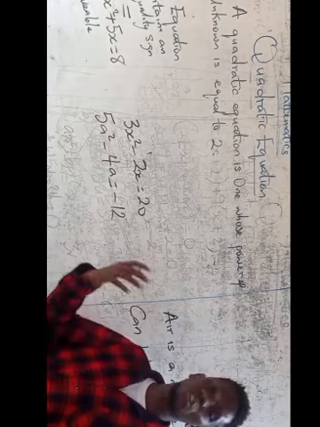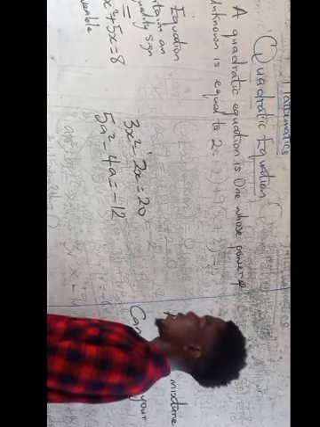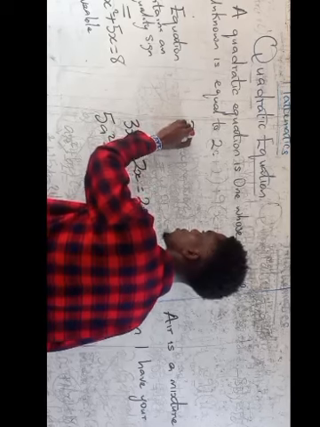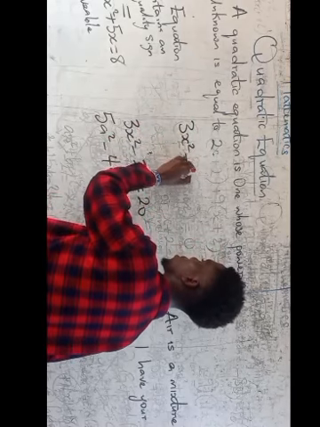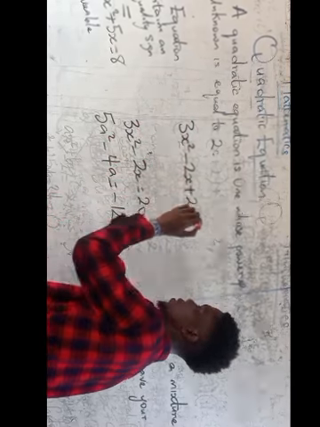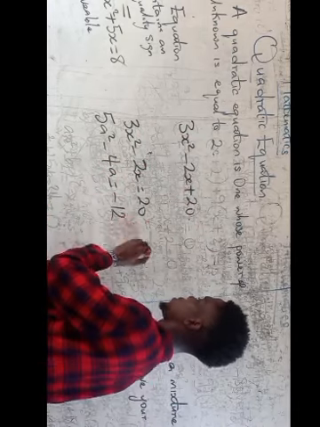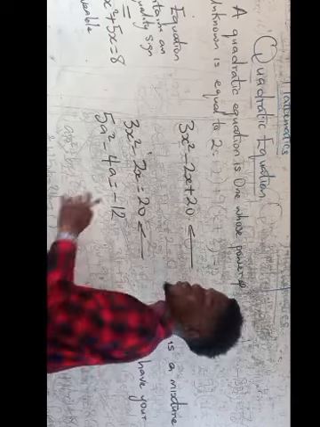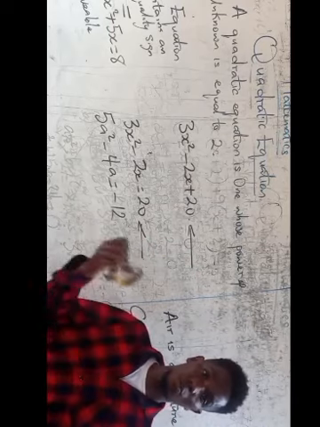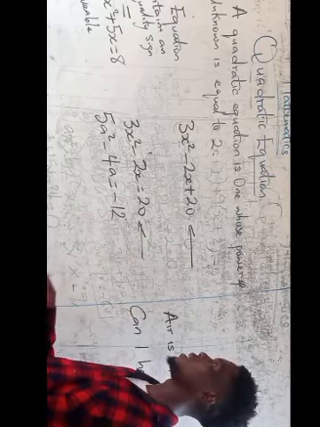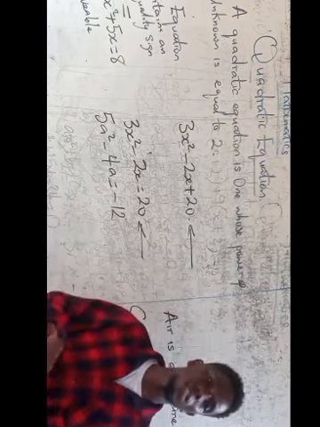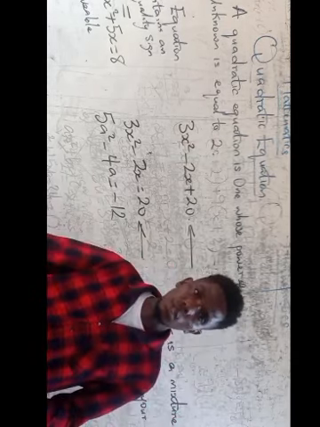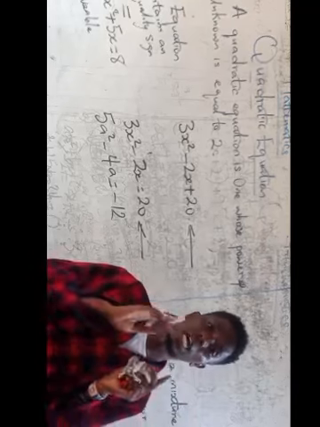Now we also have quadratic expressions. Now, this here is a quadratic equation, while this is a quadratic expression. Do you know why I said that? From what we looked at earlier, we said an equation contains an equality sign, while an expression does not have an equality sign.